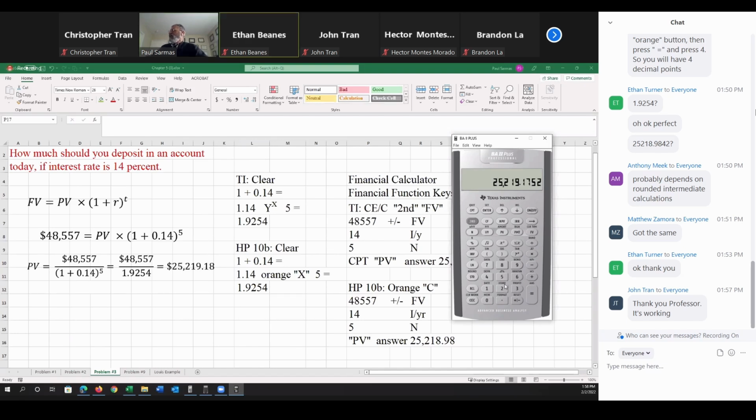All right, now let's try this. 1.14 to the power 5. Now let me increase the decimal point to that. It's not taking 9.